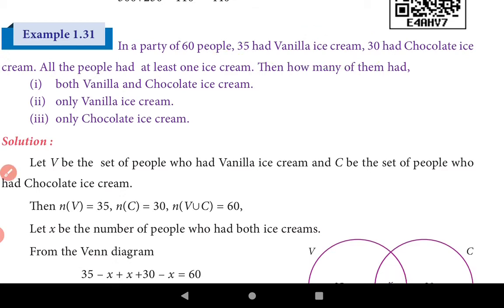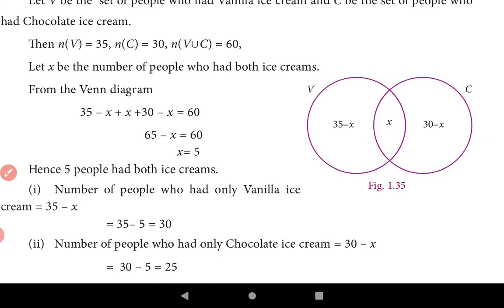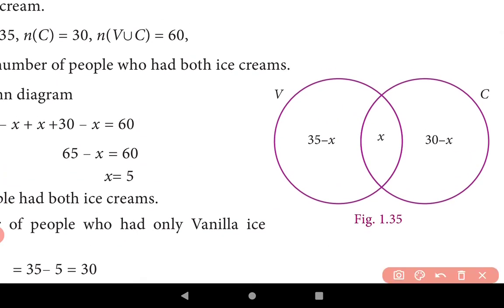It's very simple. In the Venn diagram we have 35 and 30. So this x is unknown, so every time we subtract this x from these. So you have to find the x first.